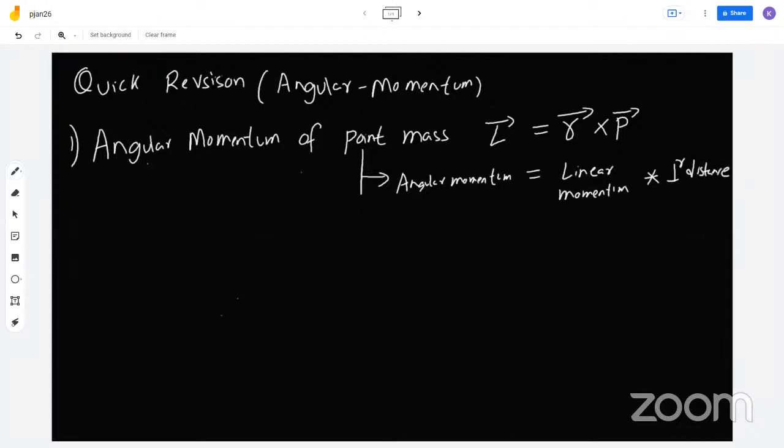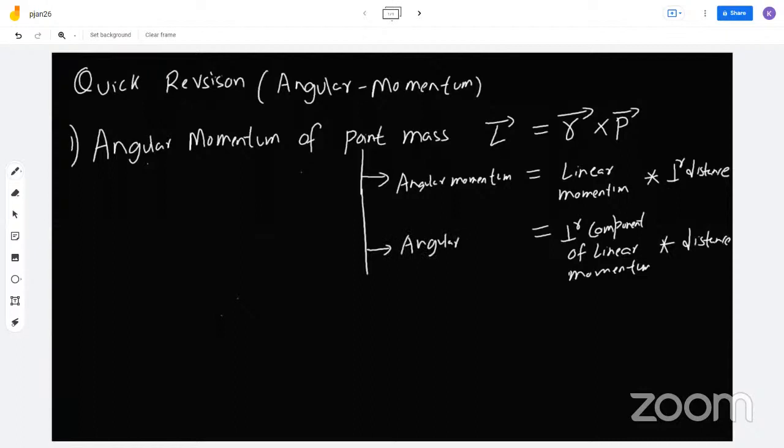For point mass, linear momentum into perpendicular distance is also equal to the perpendicular component of linear momentum into distance, just like torque. Into distance. Angular momentum.